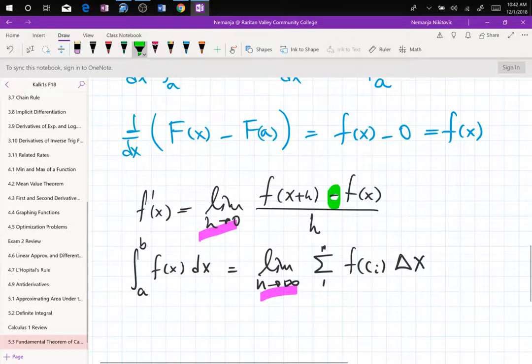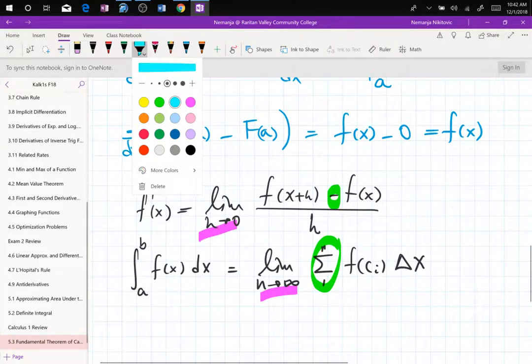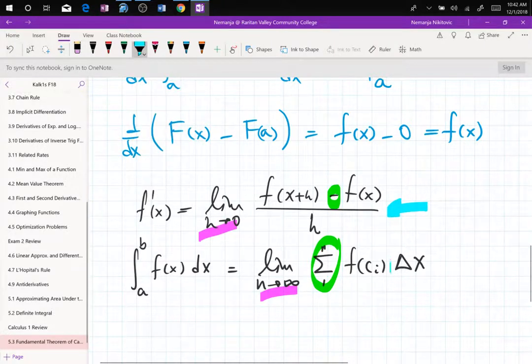We have subtraction and we have addition. And we have division and multiplication. They're completely opposite. The derivatives subtract stuff, integrals add stuff. Derivatives divide, integrals multiply. 0 and infinity, and there's also this part where x plus h and b minus a over here, but yeah, that's pushing it.